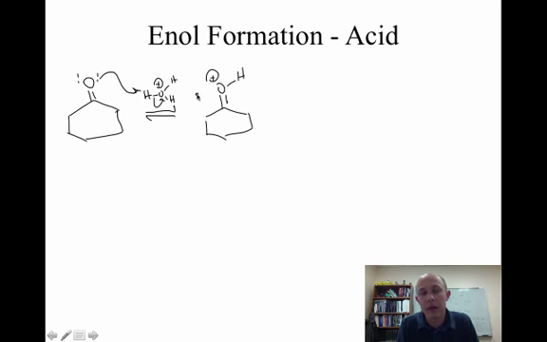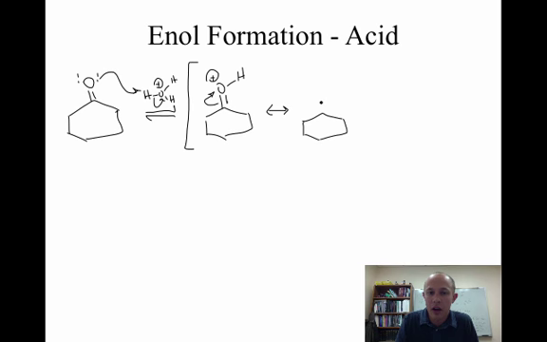And in the other mechanisms, what we've seen is that a nucleophile attacks this carbon. Formation of an enol, you want to think about it similarly to an E1 reaction. Keep in mind that this has a resonance structure that places a positive charge on that carbon.